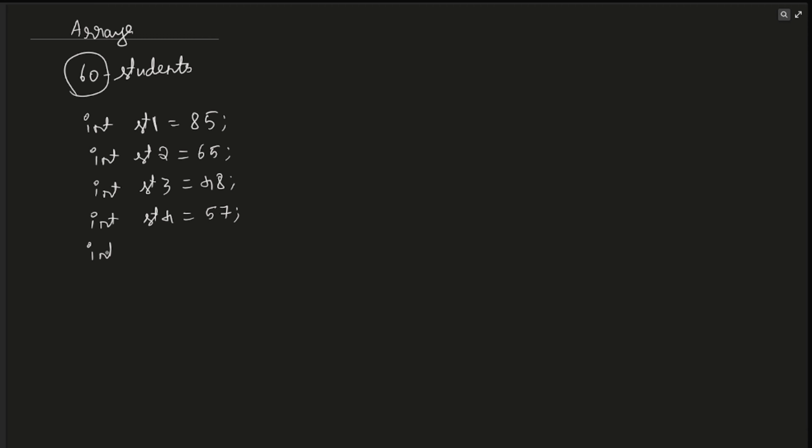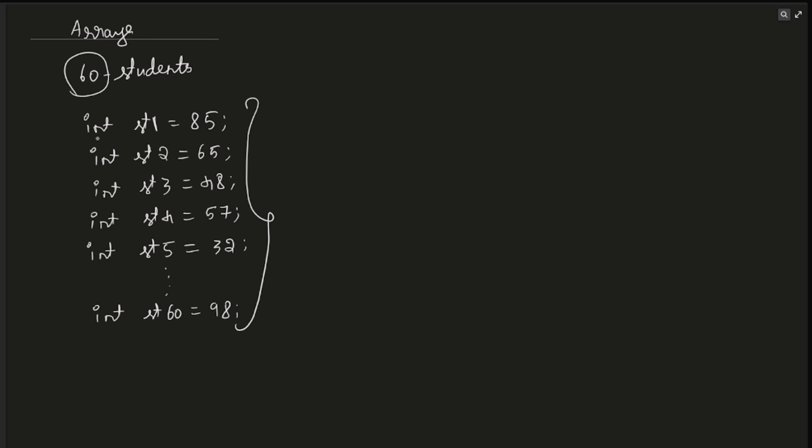Int student 5 scored 32, and so on until student 60 who scored 98. This is how we store 60 student marks of mathematics subject.